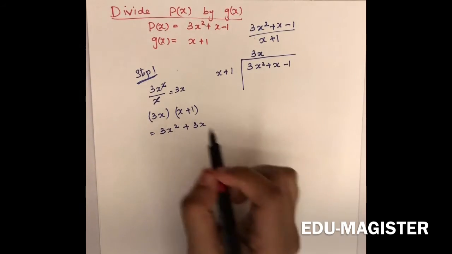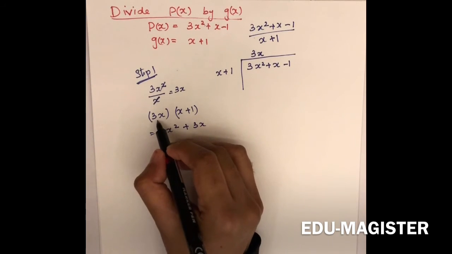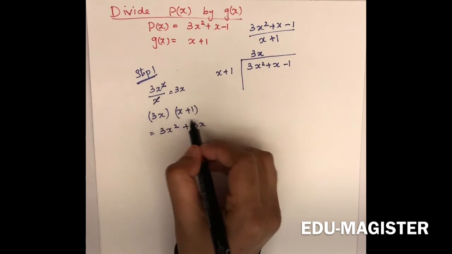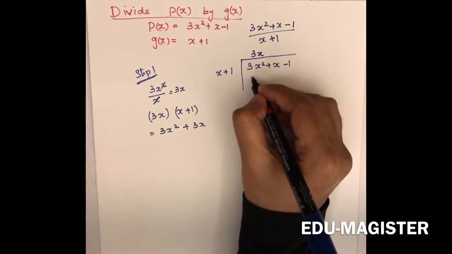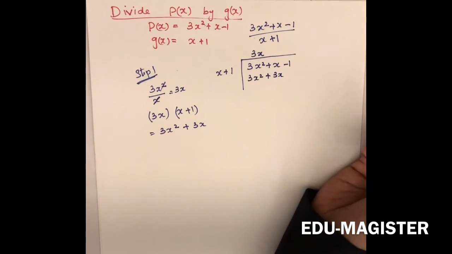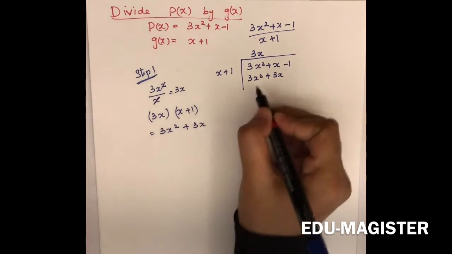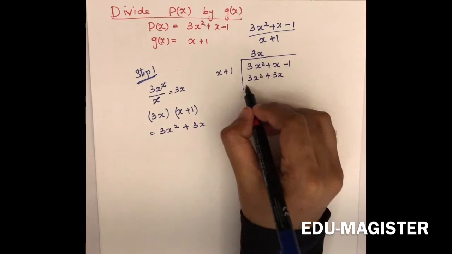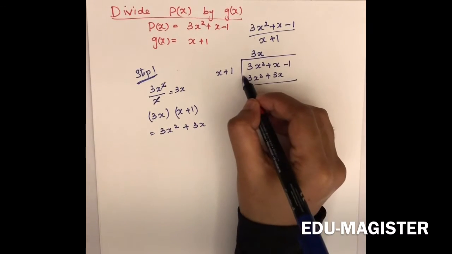After multiplying, you will get 3x square plus 3x. This expression, after multiplying, you need to write it over here and then subtract.